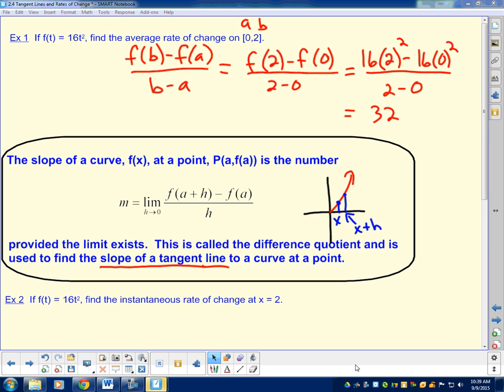You see how that is equivalent to sliding the point at x plus h over towards the point x? If h is 0, or is it approaching 0, I should say. It's a limit. But if h is approaching 0, then that means I'm sliding this point as close as I possibly can to x.